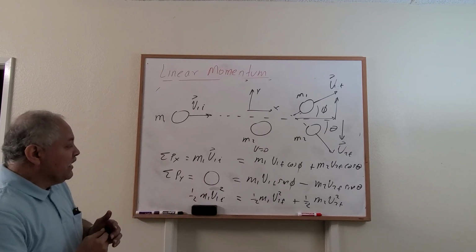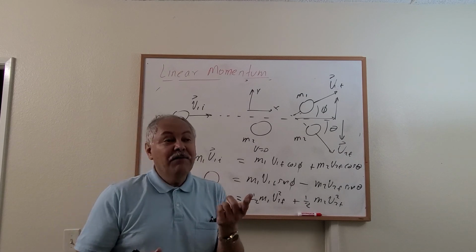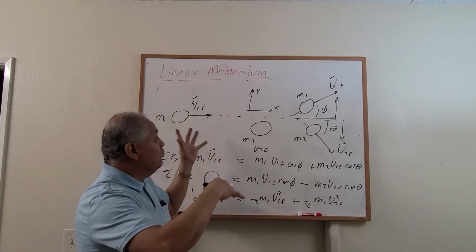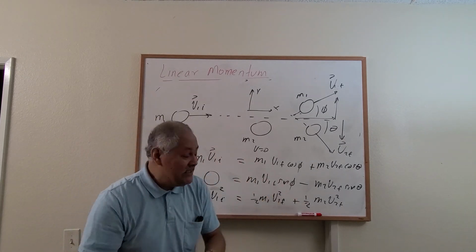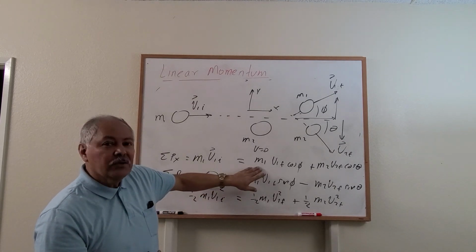We can use one way or another, depending on the problem. If we have one unknown in a collision problem and it's completely elastic, we can use momentum or we can use conservation of energy.